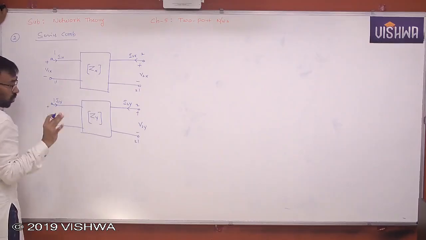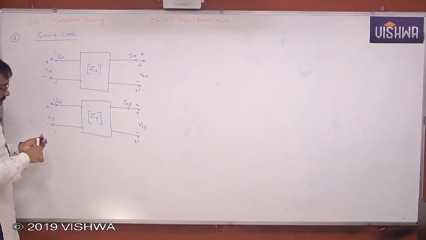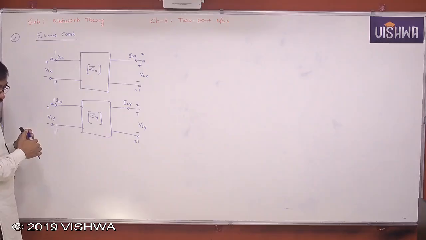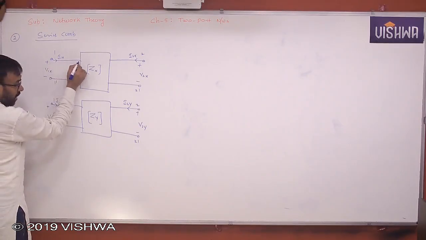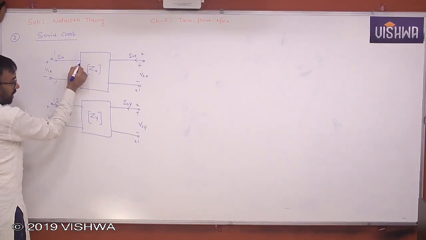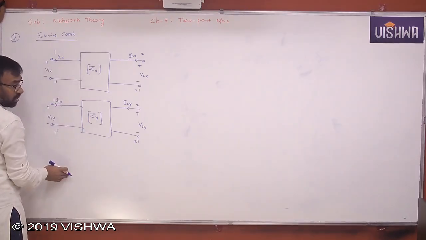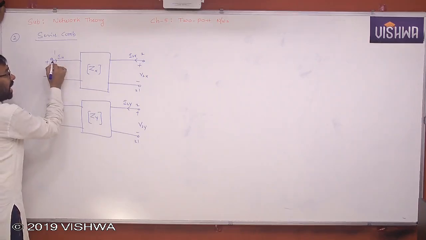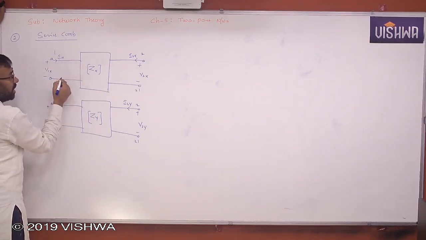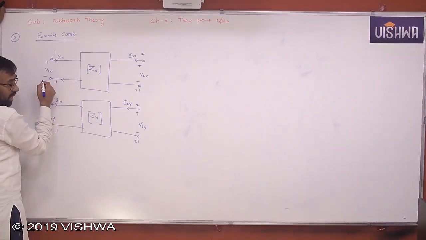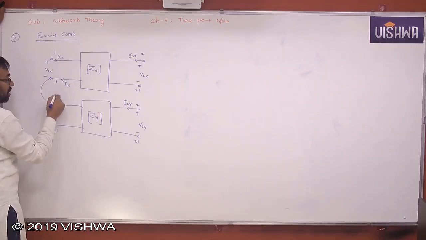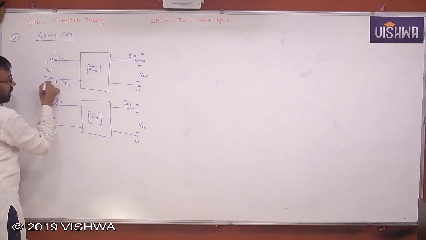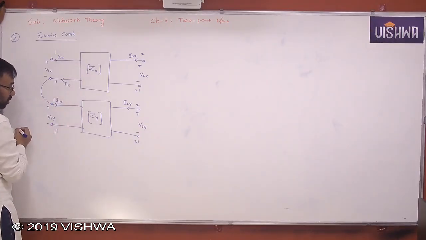Now, two two-port networks are said to be in series if the current entering into this particular network is the same as the current entering into this network. It's very clear that I1x is entering here and also leaving from the same, right? In the return path also you will expect the same current. If you send the same current here, the same current flows here, right? Yes or no? The same current comes outside.